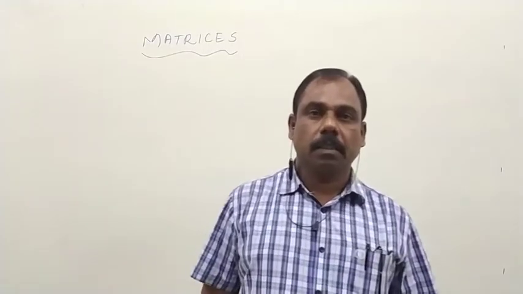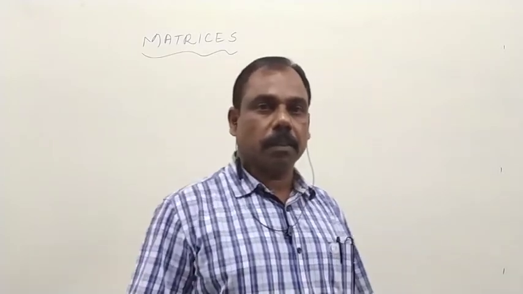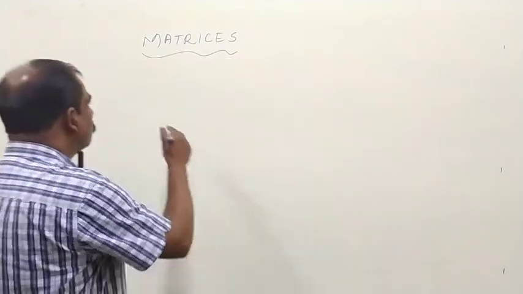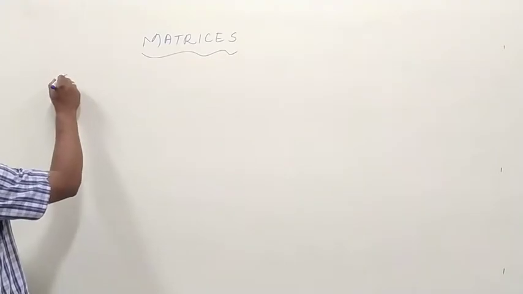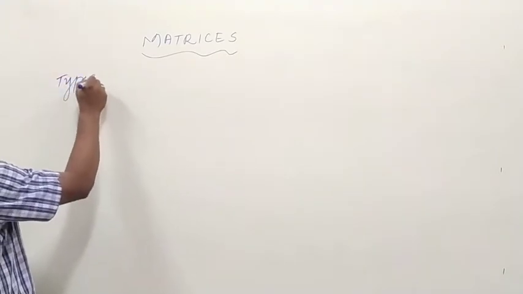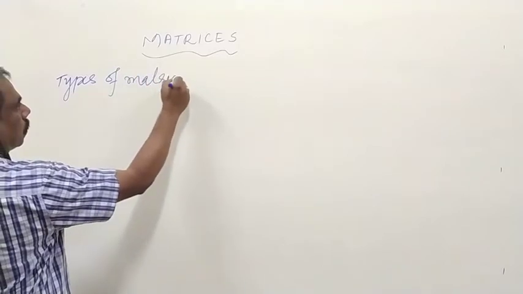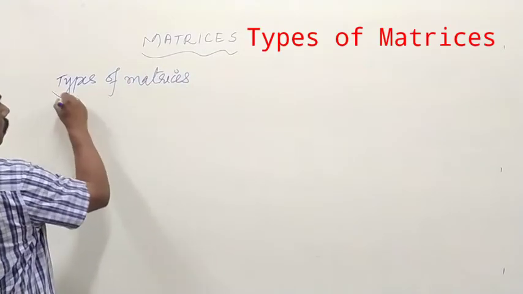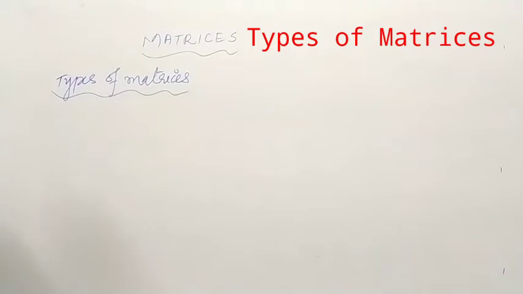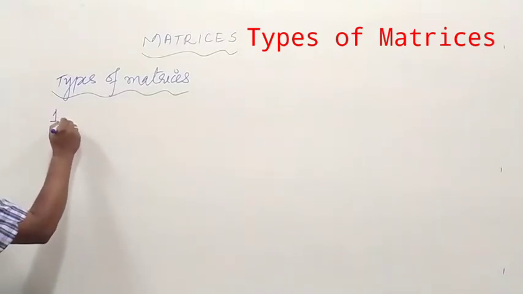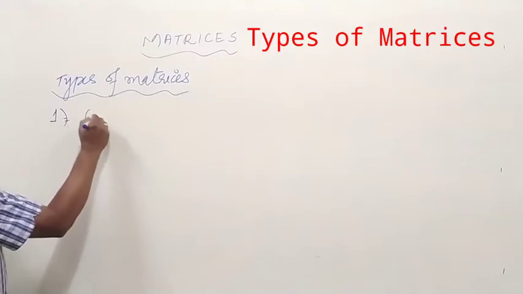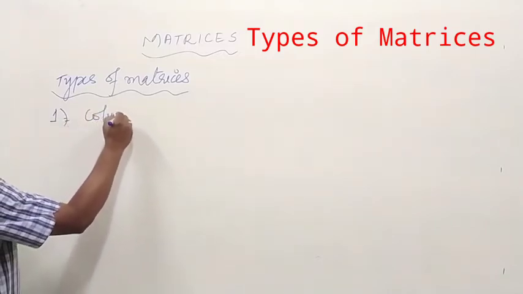Now, let us discuss different types of matrices. We have the first, column matrix.